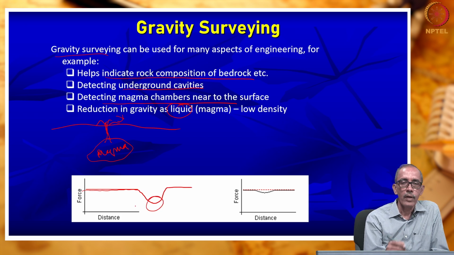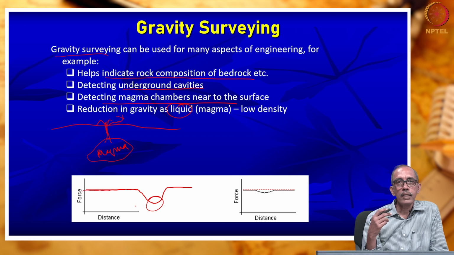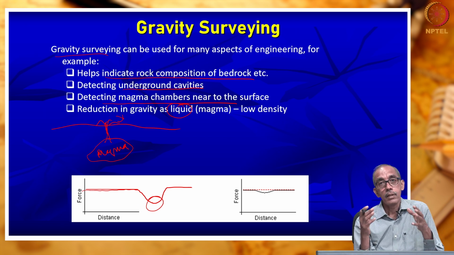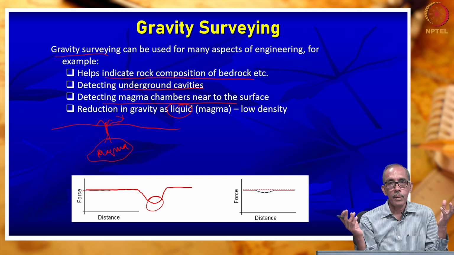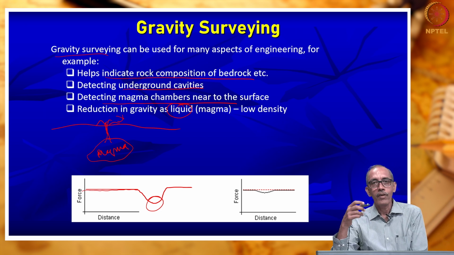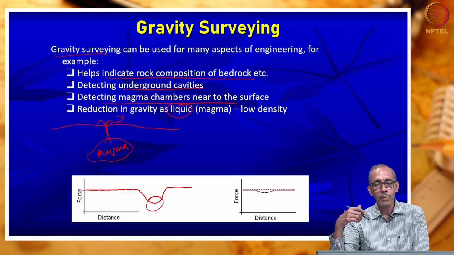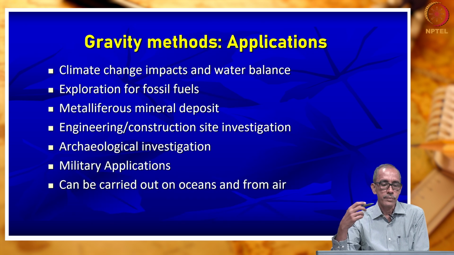So, when the temperature rises, the gravity value is very low. We have to be very, very cautious. Probably the magma may erupt as a volcano. So, here is one simple example of the application of gravity methods of surveying, right?